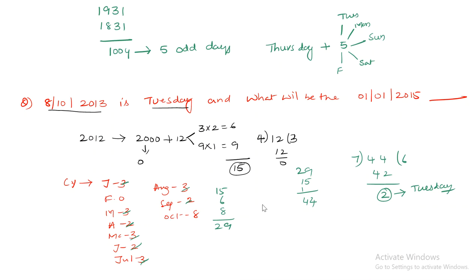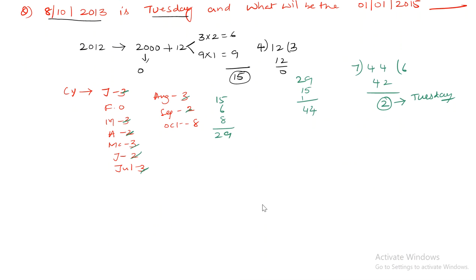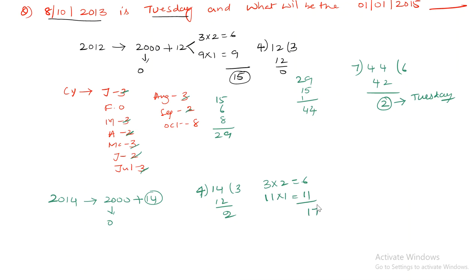So let me take the same procedure here. For the year 2014, I will take 2000 plus 14. So 2000 will have 0 odd days. 14 means 4 threes are 12, so 3 leap years. So 3 into 2 is 6 days, 11 into 1 is nothing but 11. So total is going to be 17.